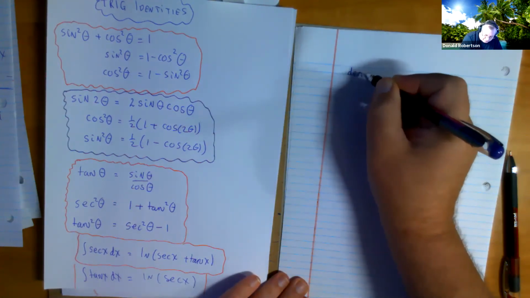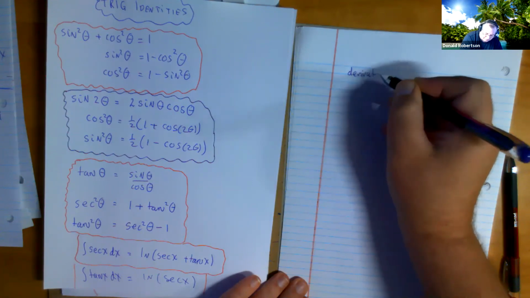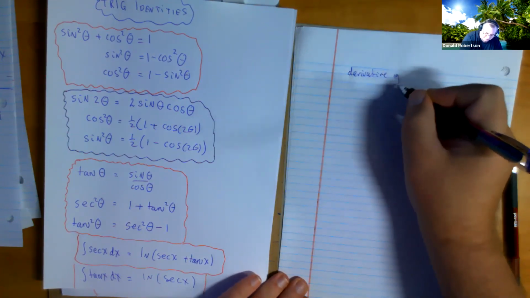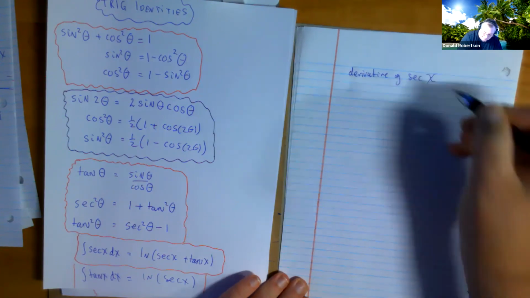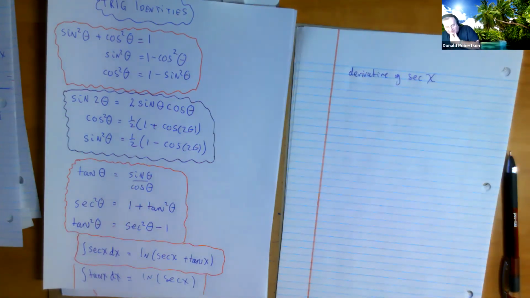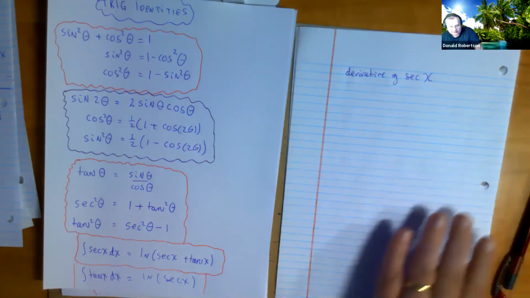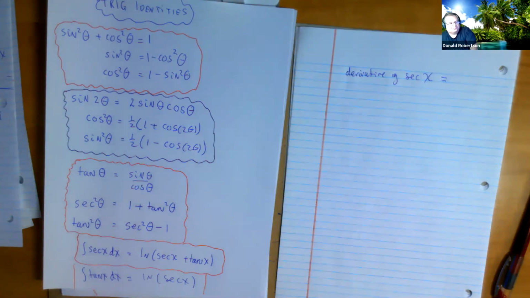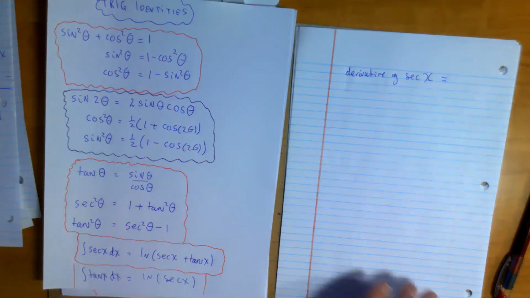This might seem like I'm going backwards, but there is a reason for what I'm doing. What's the derivative of secant x? What do you get if you differentiate? Secant x tangent x.